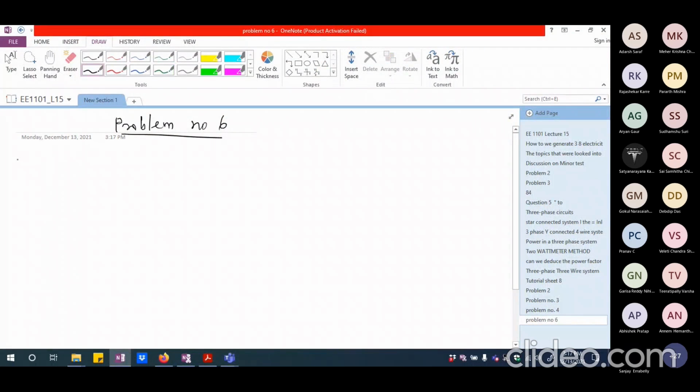So if Z1 equals 20 angle minus 60, sorry, and Z2 equals 18 angle 45 ohm. So Z1 parallel Z2 I can calculate. Okay, fine.